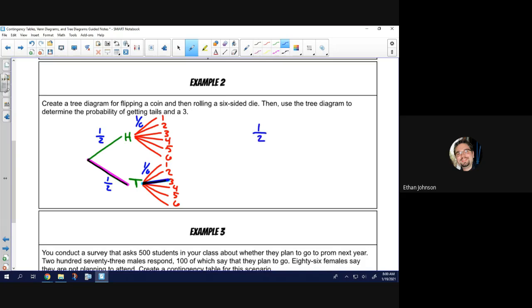And since it's an and probability, that means the times. And then I went along the 3 path, or 1/6. Multiply across, 1 times 1 is 1, 2 times 6 is 12. And there is our tree diagram.